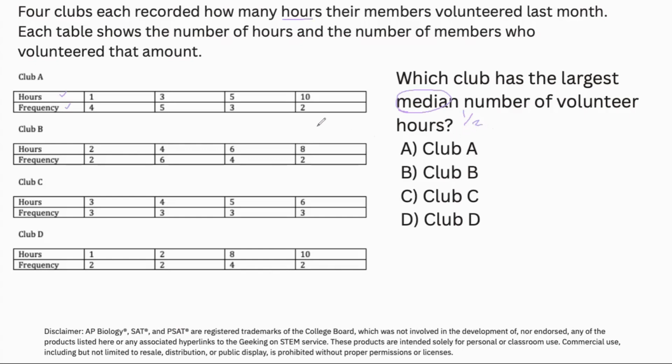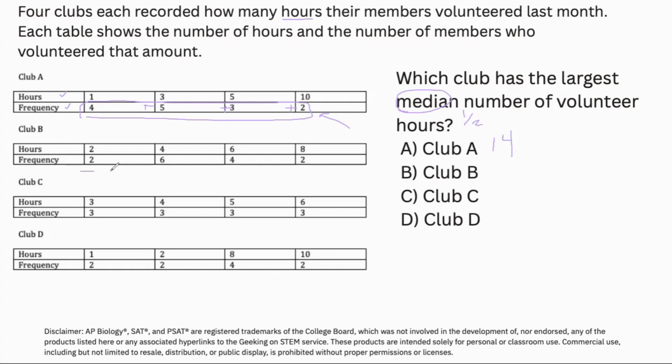And because we're taking a look at the hours, what happens is we need to know what the hours in between are, based on the frequency. So you can plug the sum into Desmos with this frequency: 4, 5, 3, and 2. So 4 plus 5 plus 3 plus 2, or you could plug that into your digital calculator, and you would get 14.